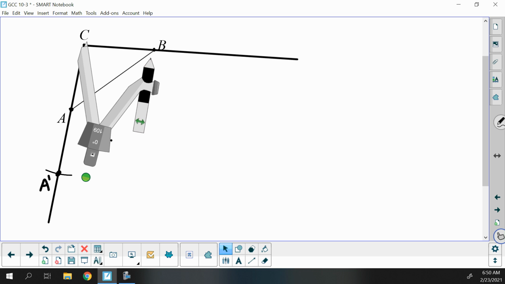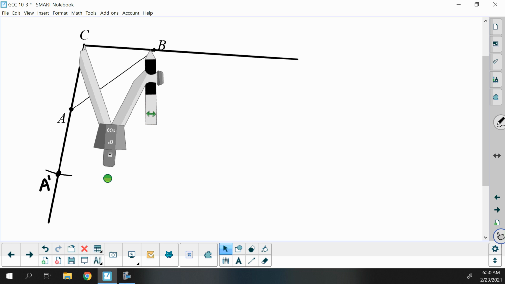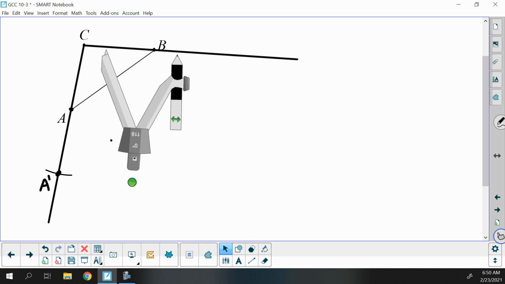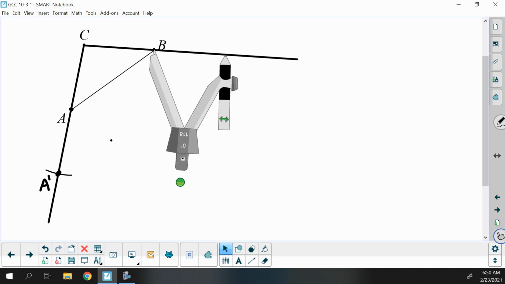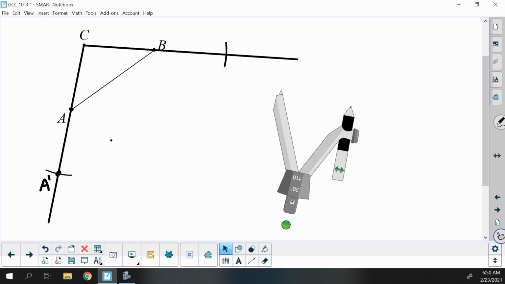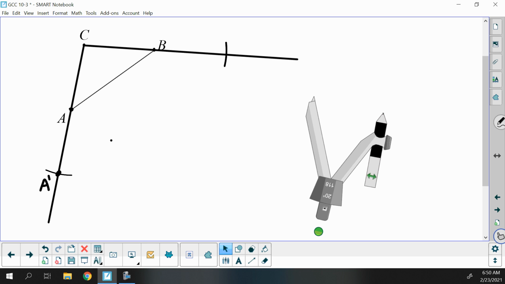Measure from C to B, mark off that distance again because it's scale factor 2, so we need 2 of those sections total. That's where B prime would be. And then use your straight edge to connect them.